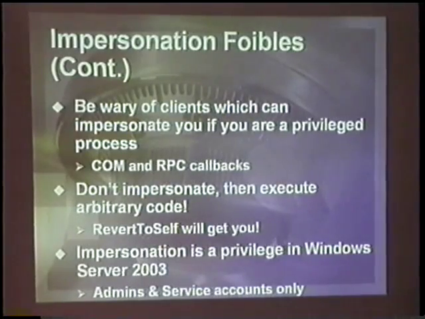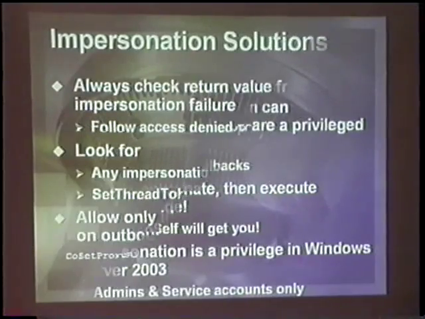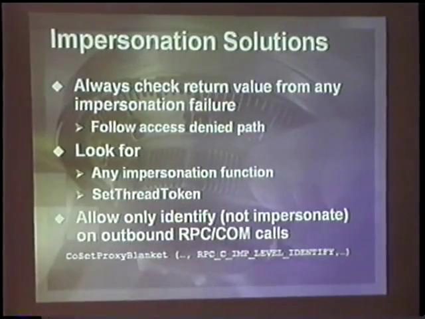It reduces the potential for local escalation of privilege attacks. And so right now it's admins and service accounts only that can do this by default. So if you've got an app that requires impersonation and it's having problems on 2003, this could be why. But if you need to, you can add whatever user you need into the privilege, and that'll fix the problem right away.